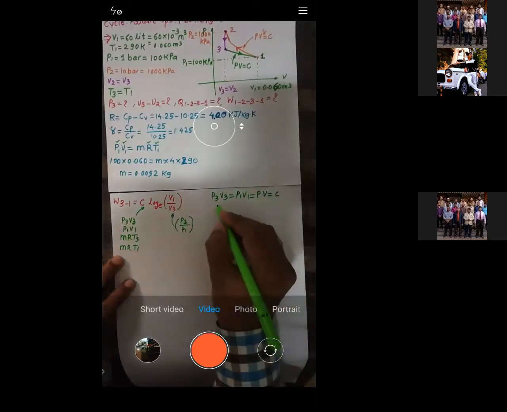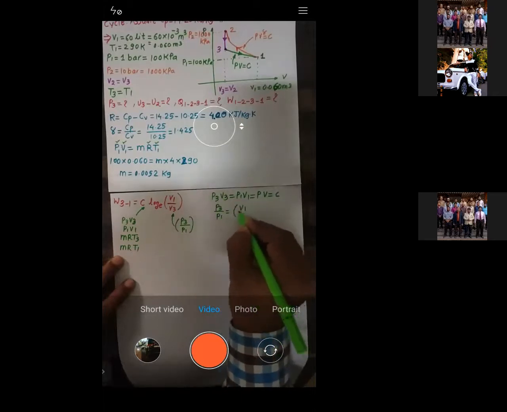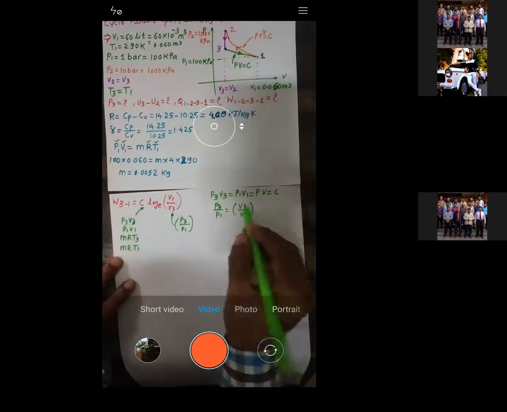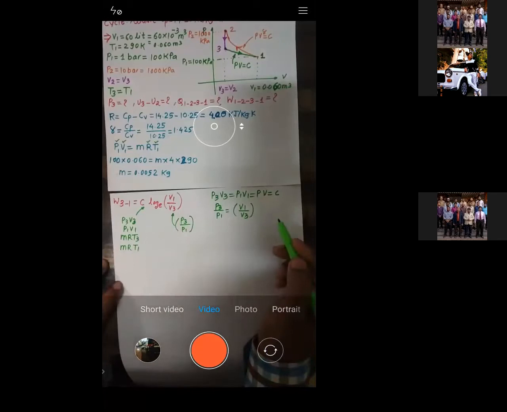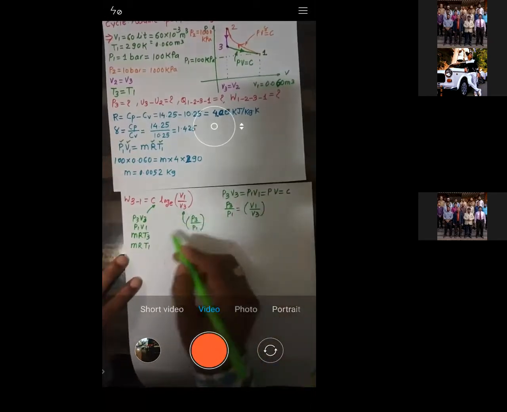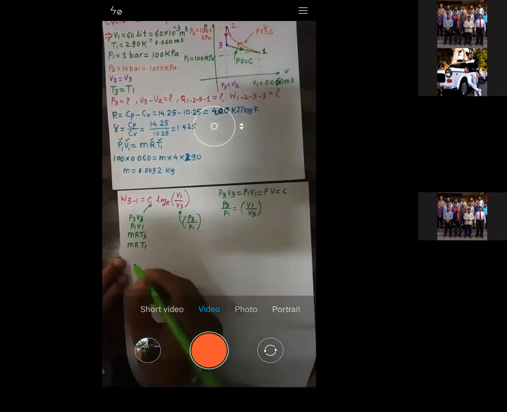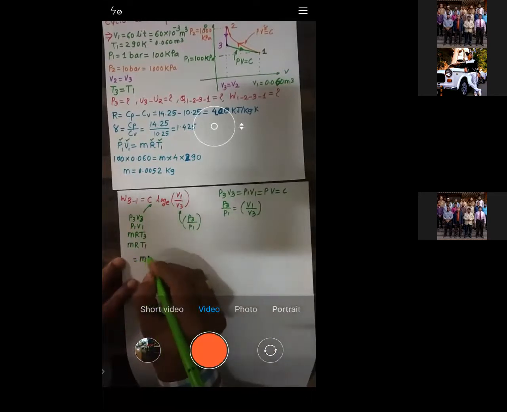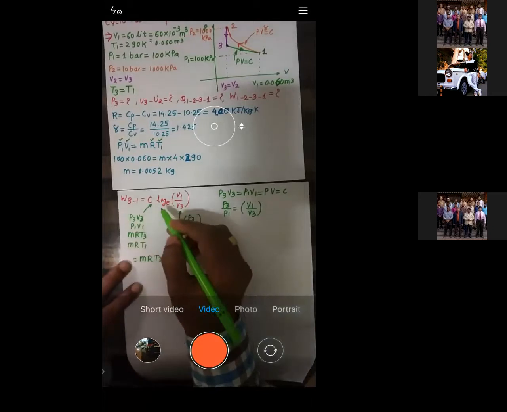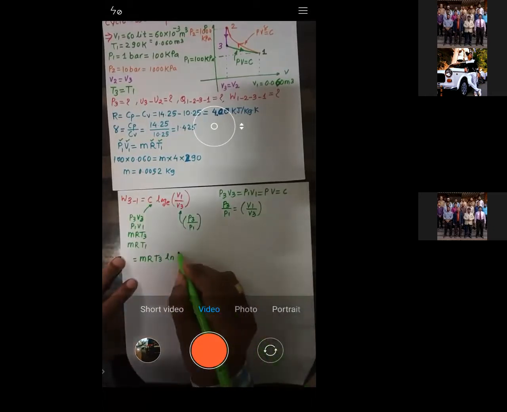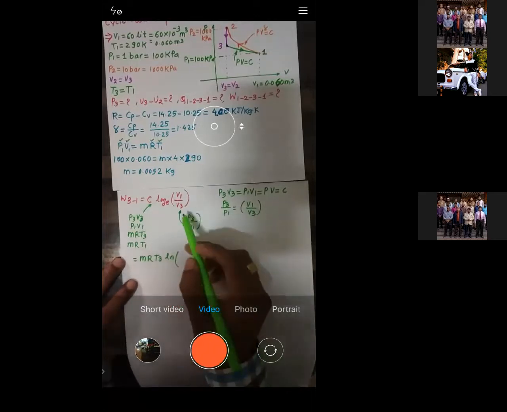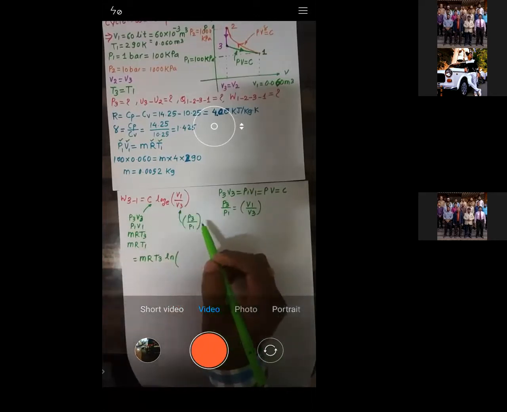So if you take P3 by P1, you will get V1 by V3. That is the only thing I've done. So we can put any formula. Let's say I'll put the last formula, that is mRT3 into ln, log to the base e. If you need to solve in a calculator, you can solve it as ln of V1 by V3, or P3 by P1. Anything you can put.